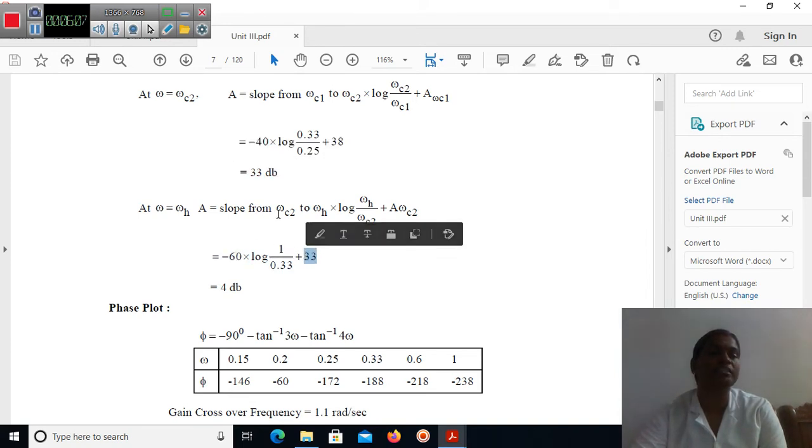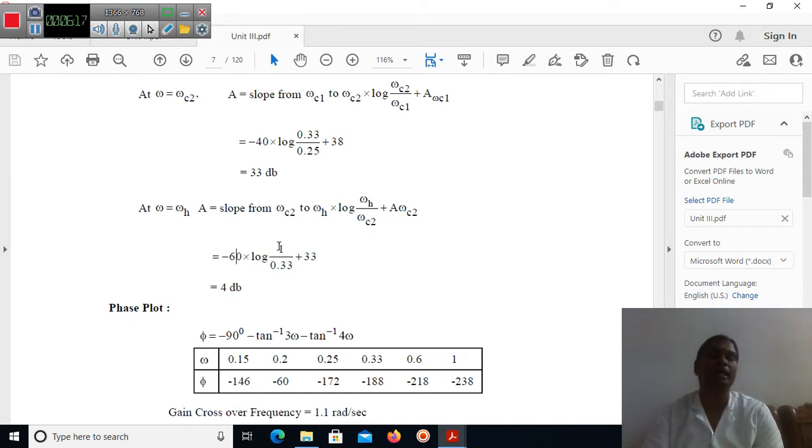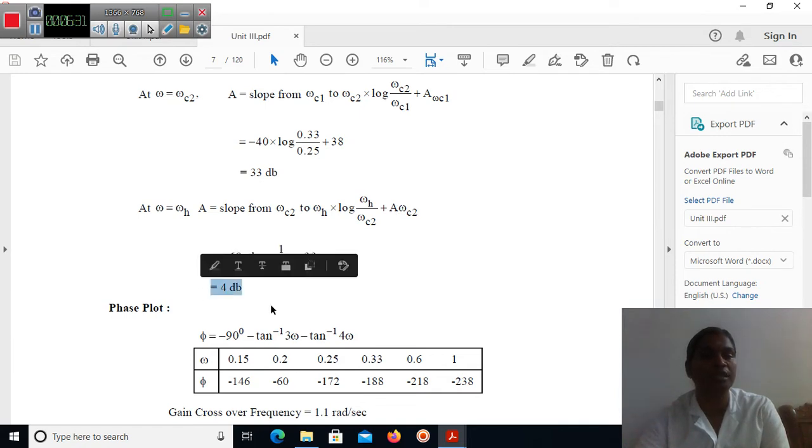Change in slope is minus 60 into log of the omega h value, which we can consider as 1. Already we said omega h is higher than the omega c2 value. Omega c2 is 0.33, the higher value we can consider as 1 here, plus the gain value of omega c2, which is 33. Finally we have to get 4 dB.